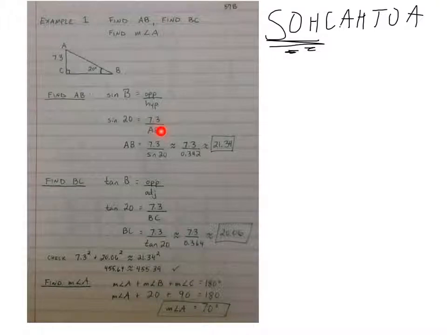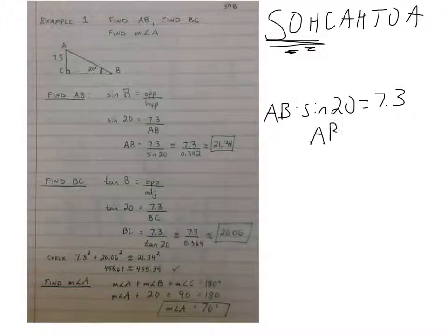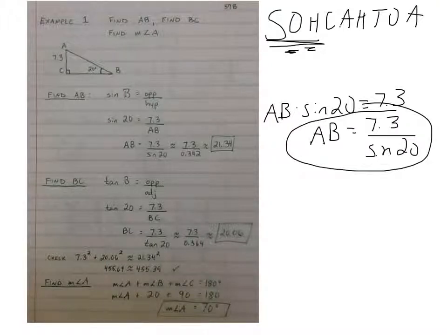Using algebra, we can write this out as AB times sine 20 equals 7.3, and then finally divide both sides by sine 20, and we get the exact answer. But if we want to approximate this answer, we can type it into a calculator, making sure our calculator is in degree mode, and we arrive at a length of 21.34, approximately.